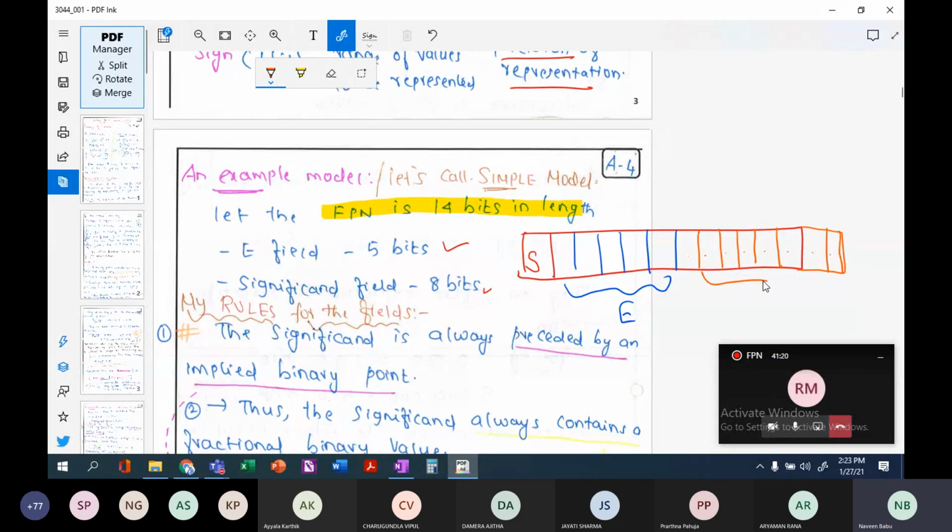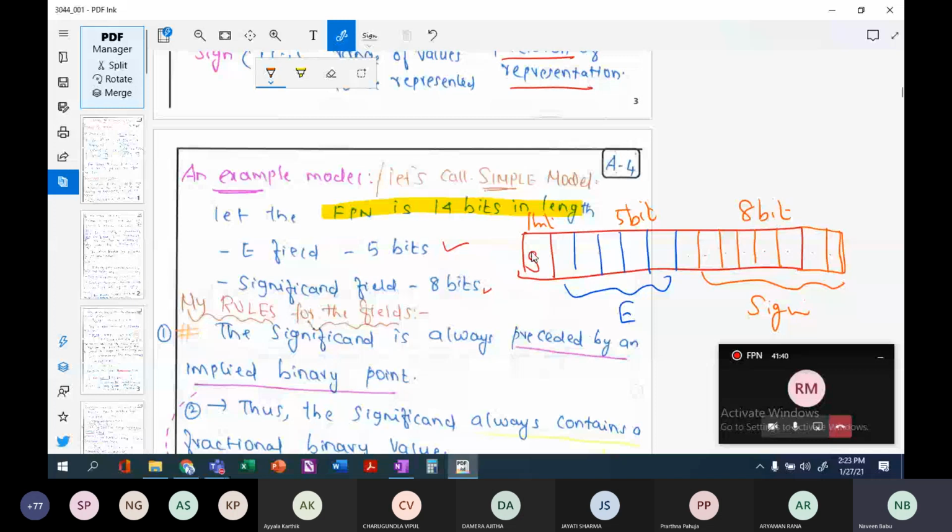So this is an 8-bit field, and this is a 5-bit field. To represent a sign bit, it is 1 bit. So this is your exponent field and this is your significand field. This is a simple model of 14-bit representation of floating point numbers.